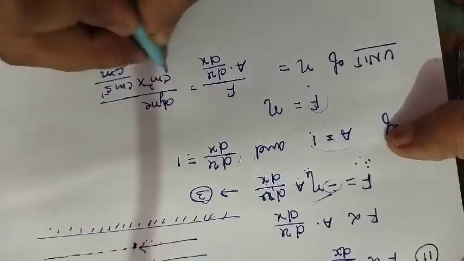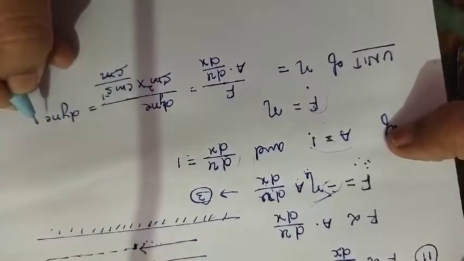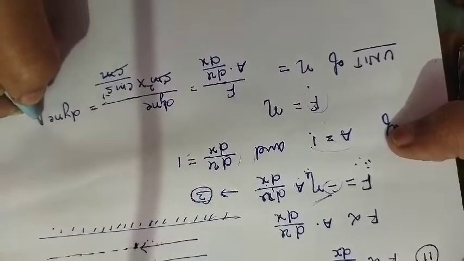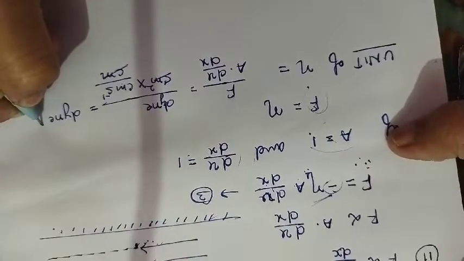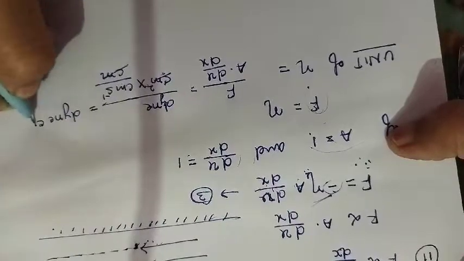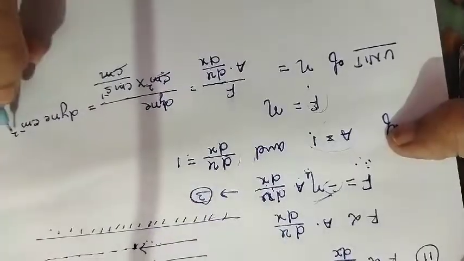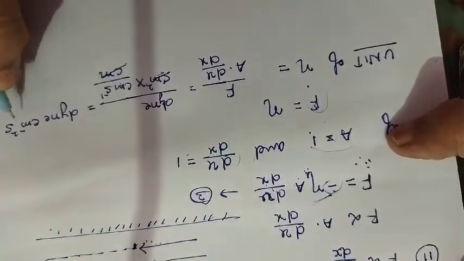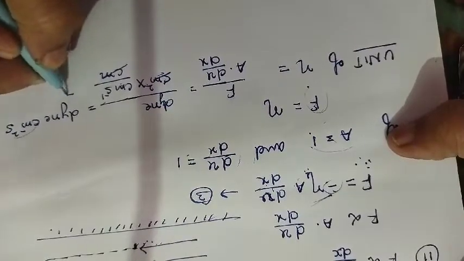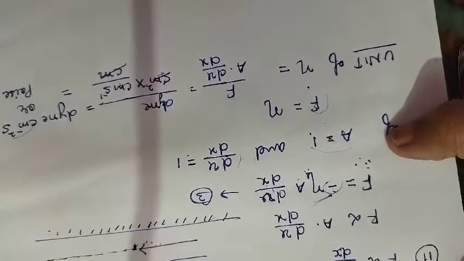So here centimeter cancels with centimeter, and we get dyne second per centimeter square, and this is called poise.